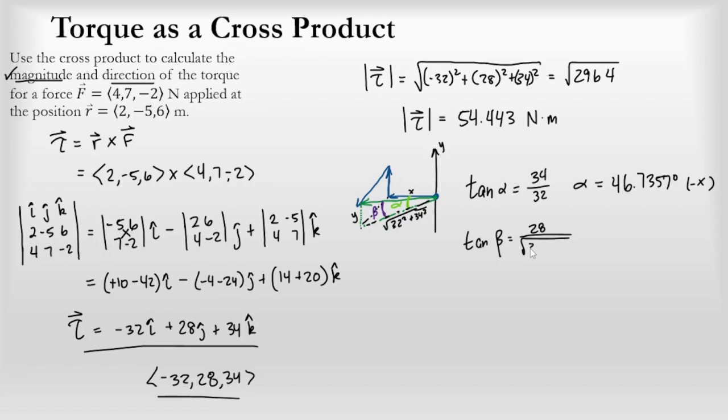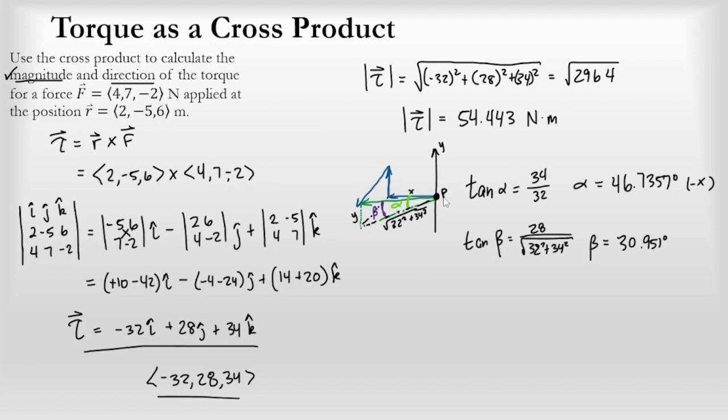So it'll be the square root of 32 squared plus 34 squared. When you run that into your calculator, you get beta to be 30.951 degrees. Okay, so as defined on my picture here, I think you need to include the picture in order to properly do this. So that would be the magnitude and the direction for solving for this torque.